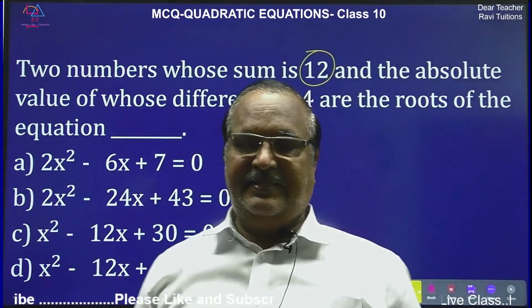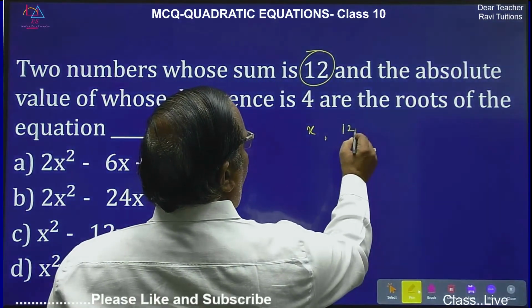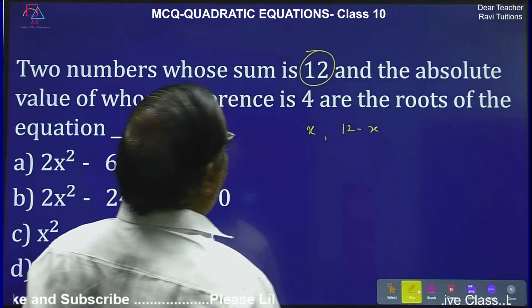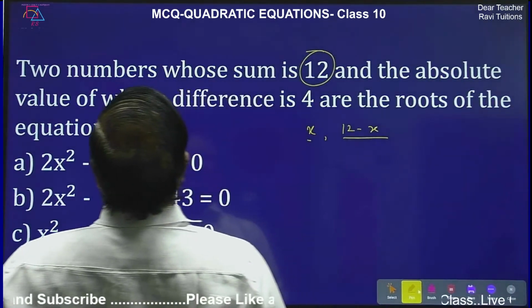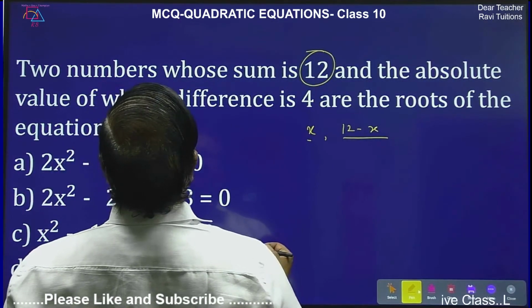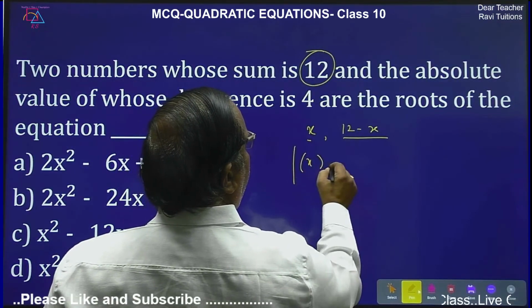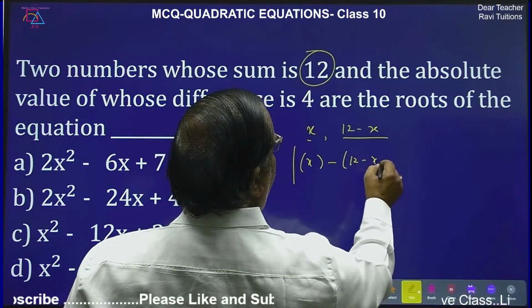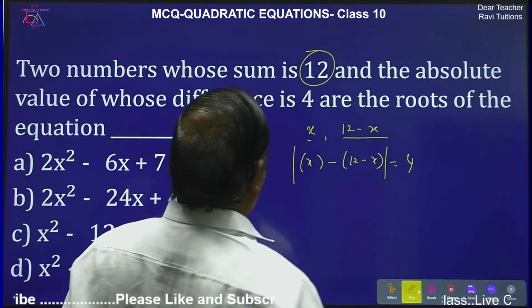Two numbers. So one number is x, another number is 12 minus x. Okay. So the absolute difference of whose difference, that means x minus 12 minus x is equal to 4, right?